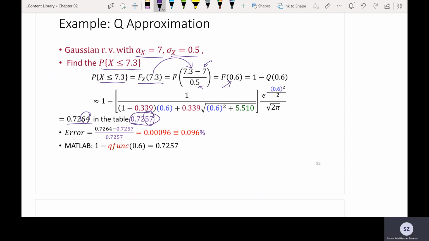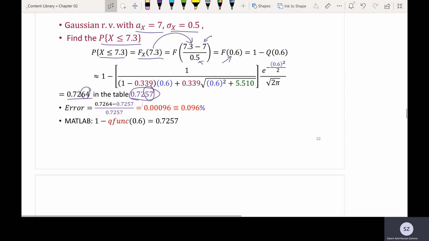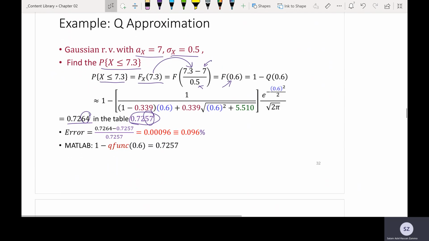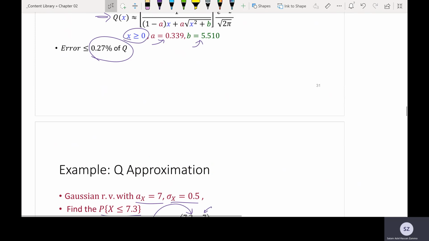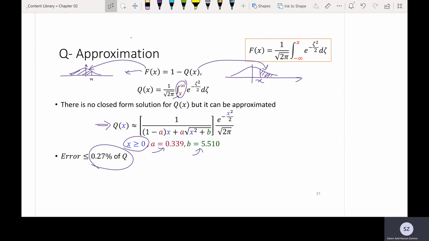Any questions about the Gaussian distribution? How to use the table? Different types. Well, the error becomes higher and higher as you approach the tail, because the area under the curve becomes very small.